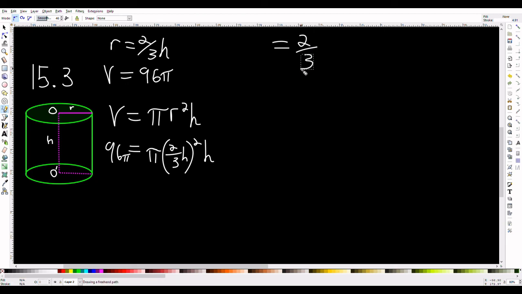We'll square each thing one at a time. What is 2 squared? It is 4. 3 squared? 9. H squared? H squared. We're going to multiply, and then we have another h in here. And this makes our life much easier.